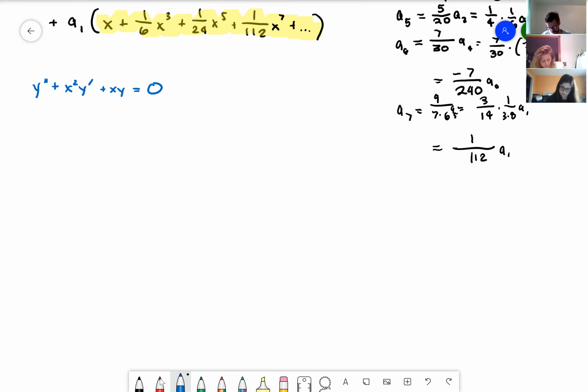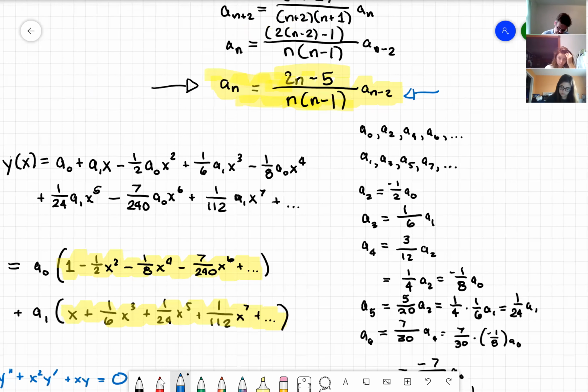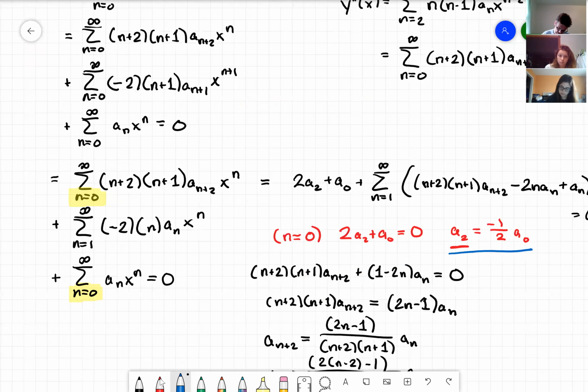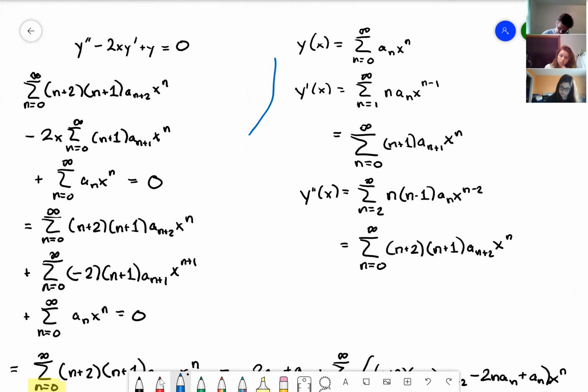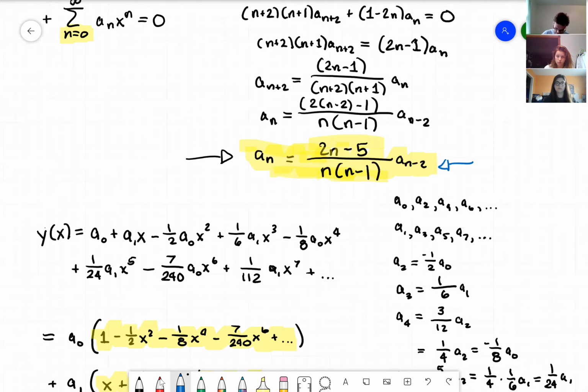If you've done this a number of times, you remember this first step: I took my y prime and y double prime and made all of the powers of x to the n. That step is always the same for every one of these problems.